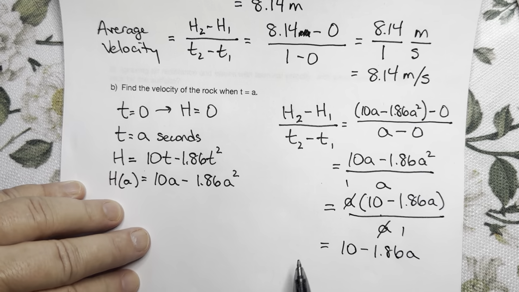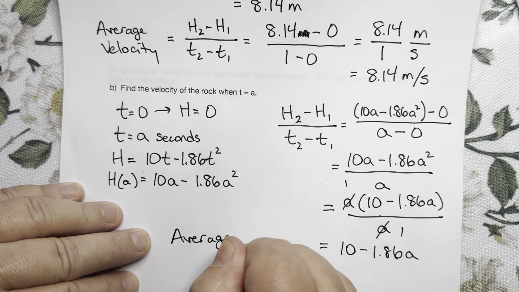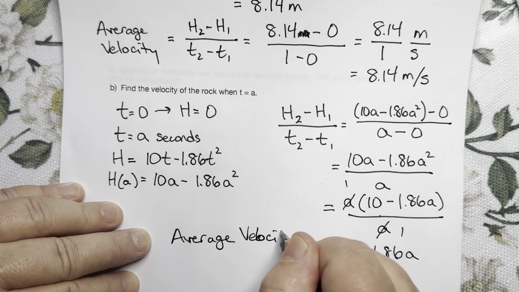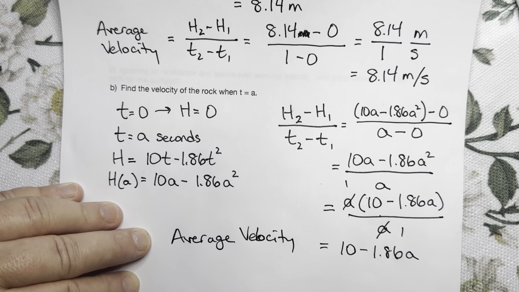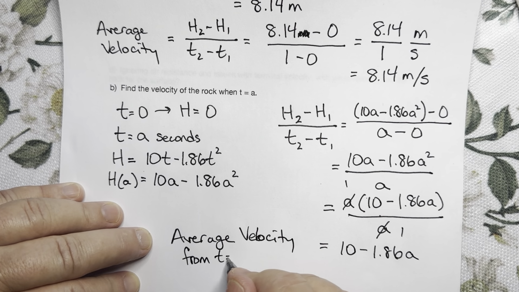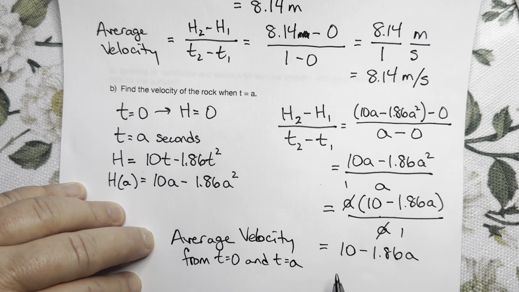And this is the average velocity, let's spell it in the right order, between t equals 0 and t equals a. So now we've got a formula.